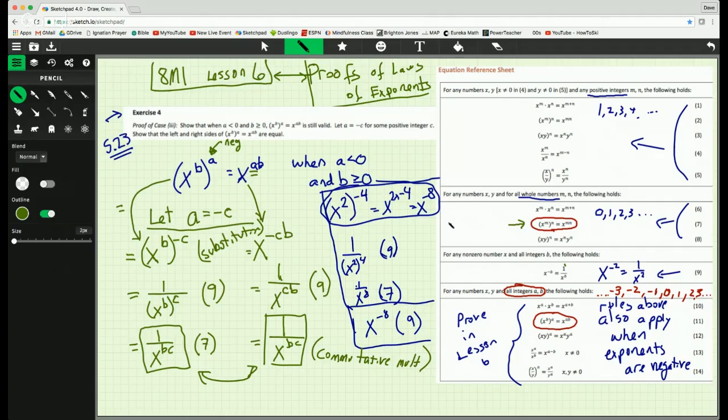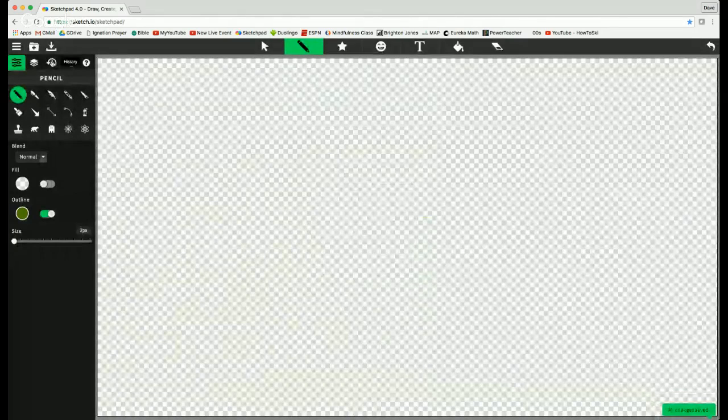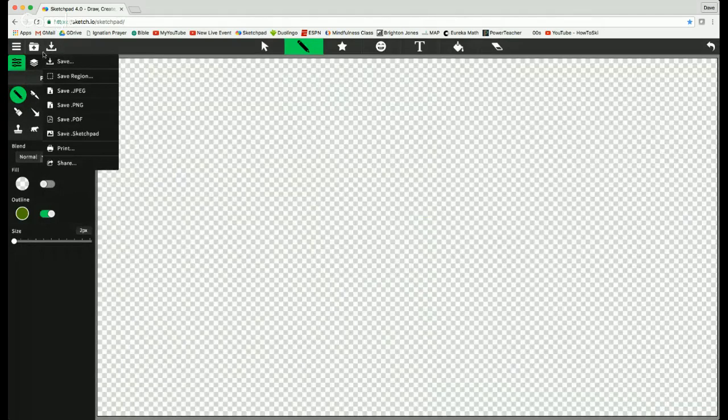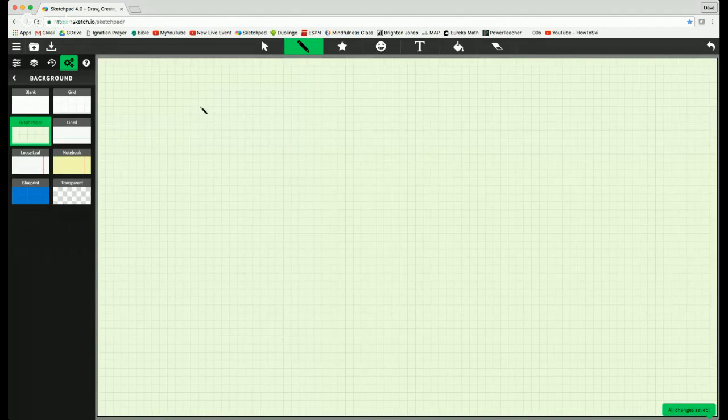So let's look really quickly at a few practical cases of rule number 11 and see how cool this thing is. I can now say that x to the 4th to the negative 5 is equal to, well, I don't have to do all this transformation like 1 over x to the 4th to the 5th, 1 over x to the 20th equals x to the negative 20.